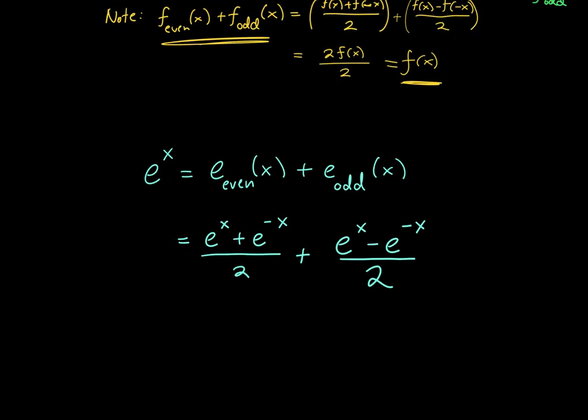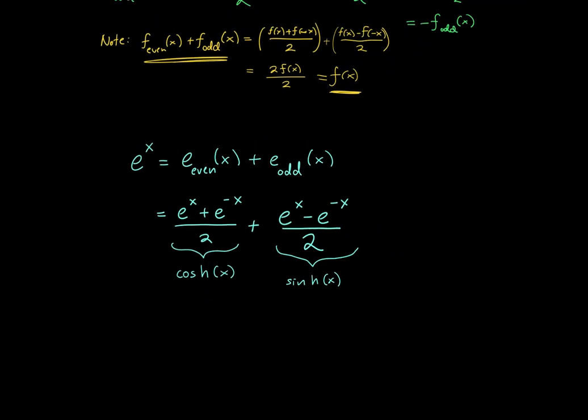This is, by definition, the hyperbolic cosine of x, cosh of x. And this is, by definition, the hyperbolic sine of x.